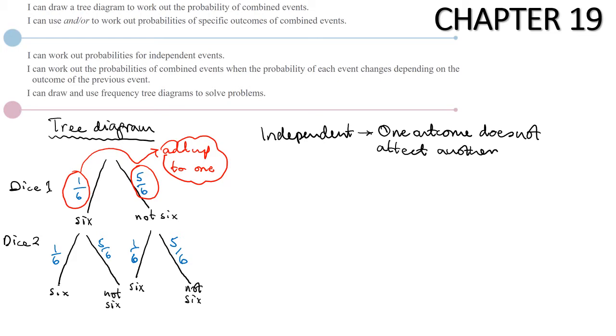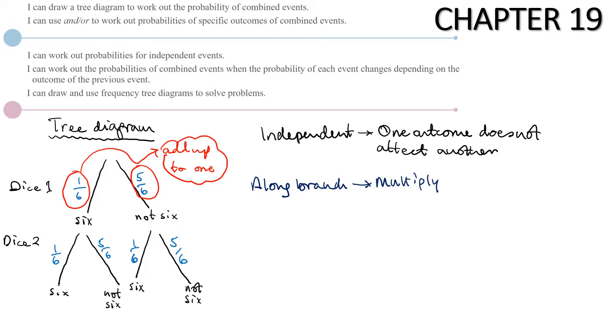Now, the way that these probabilities work, if I'm doing calculations, is if I go along a branch, then I multiply the probabilities along that branch. You'll see some examples in a moment.